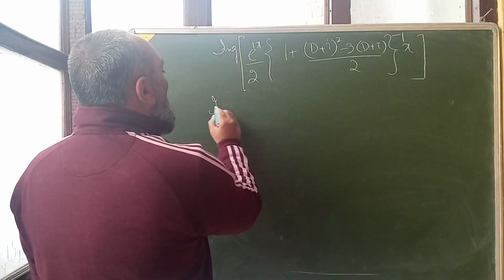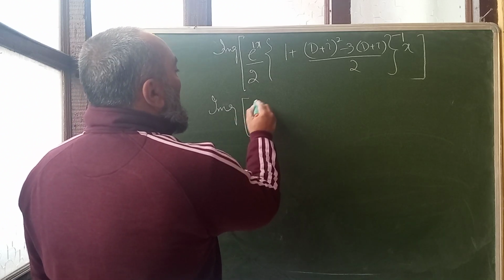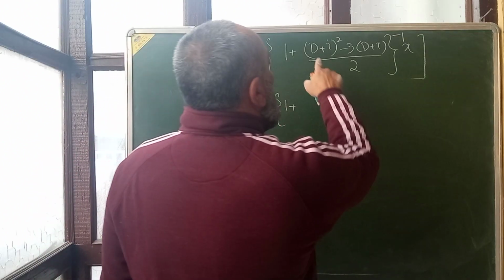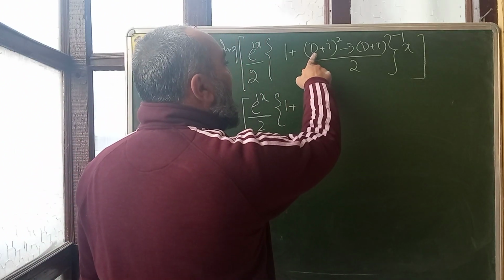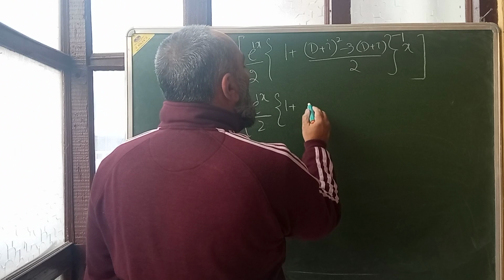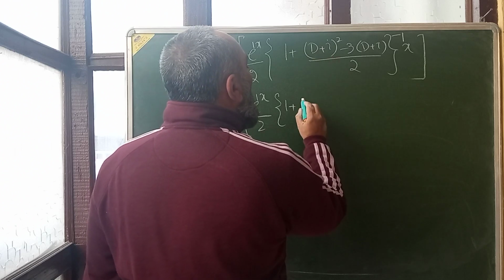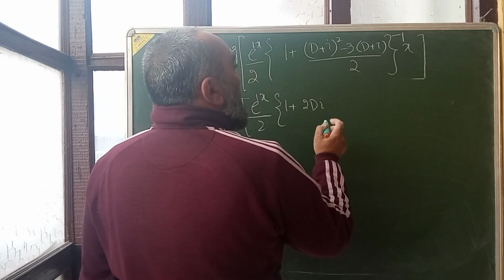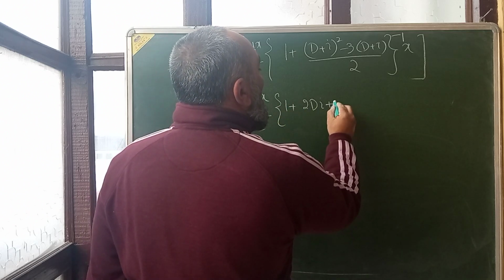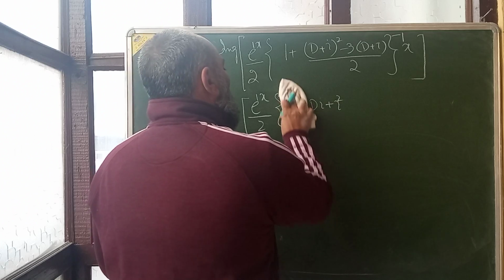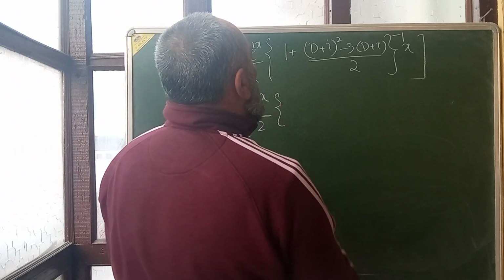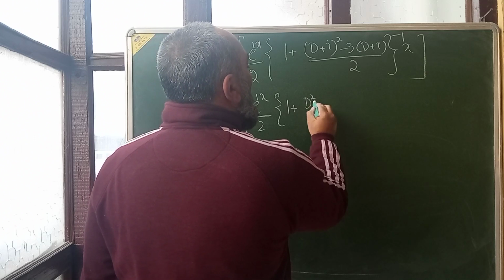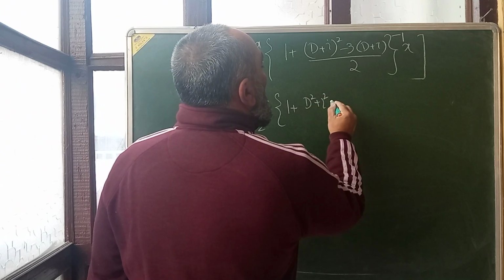So the imaginary part of e to the power ix by 2, 1 plus, see this is D square, you don't have to take that. Then iota square, okay. Then 2D plus 2Di. This is 1 plus D square plus iota square plus 2Di.